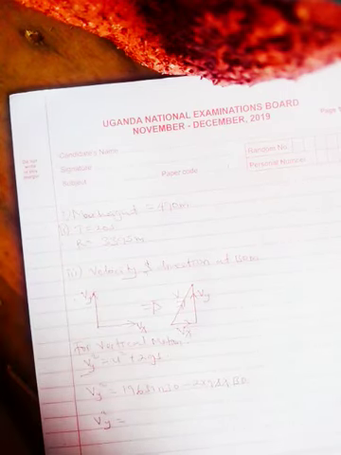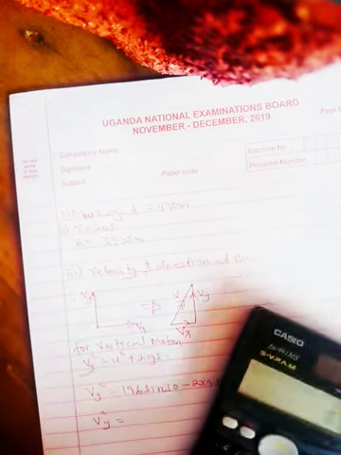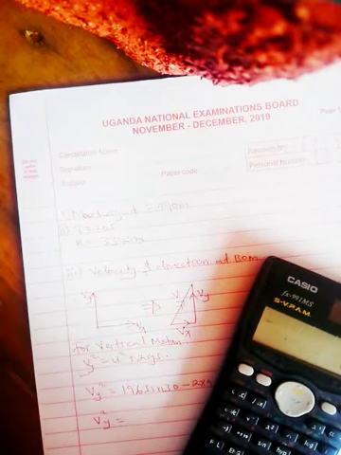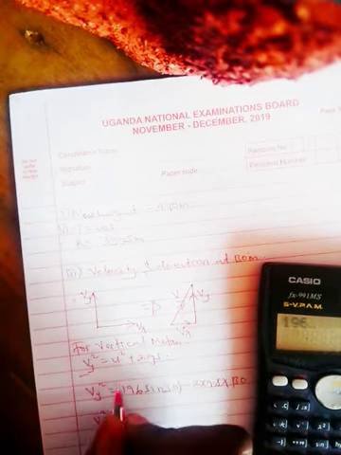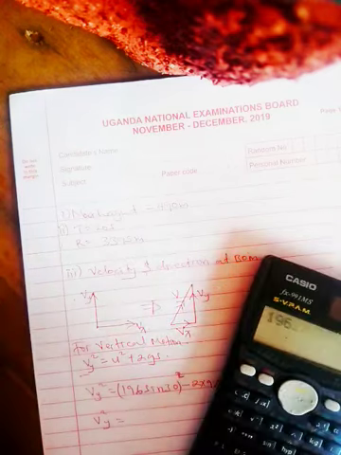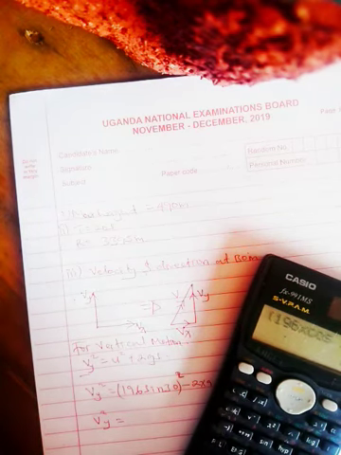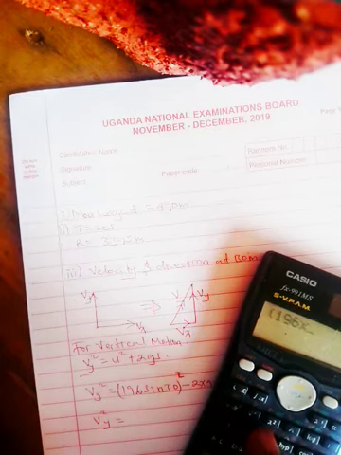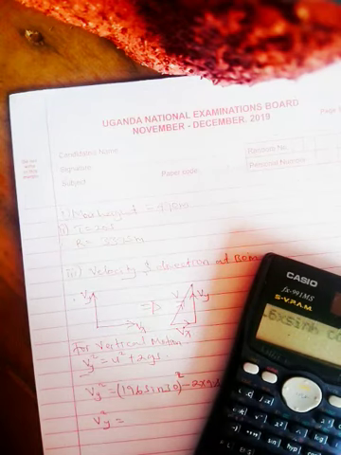V squared is (196 sine 30) squared minus 2 times 9.8 times 130.